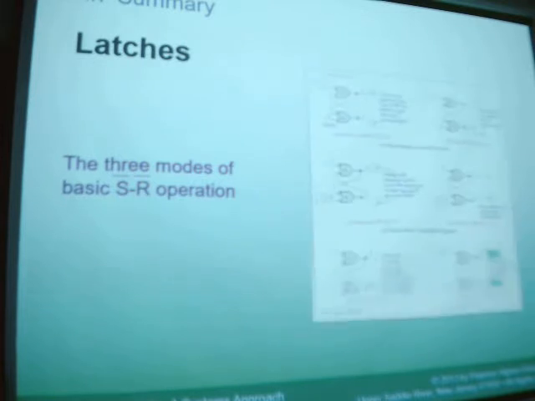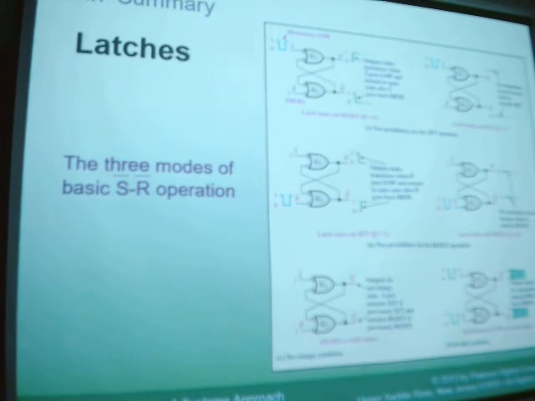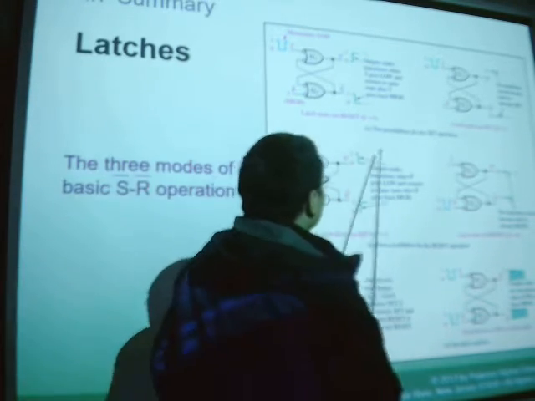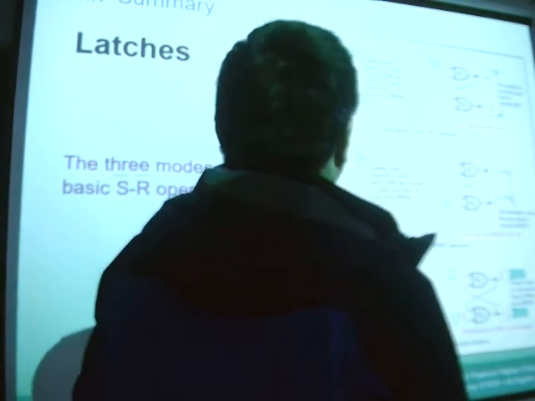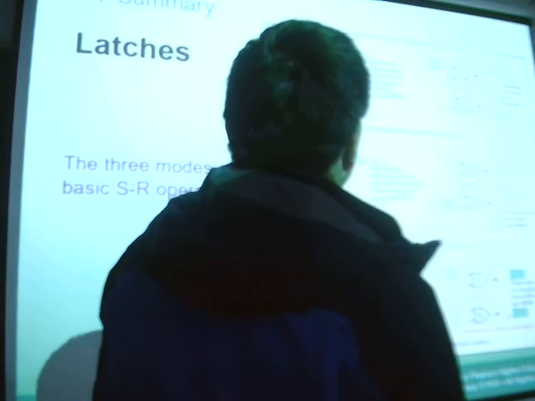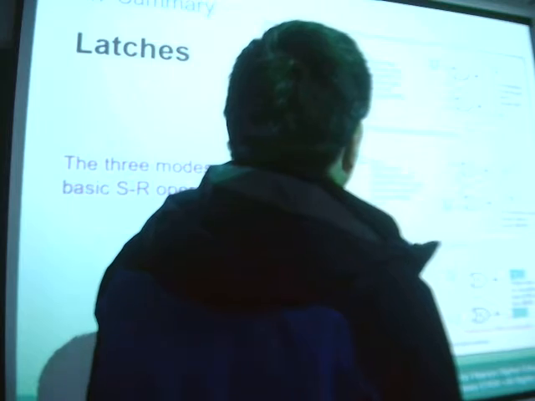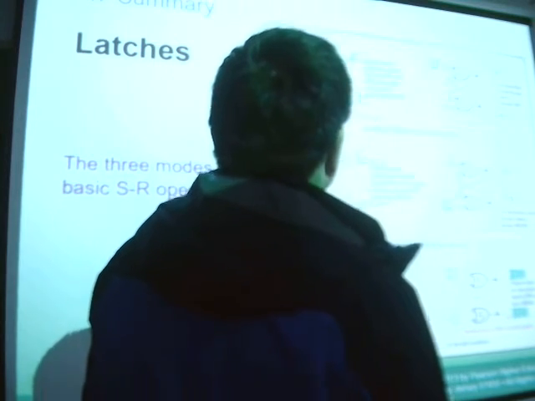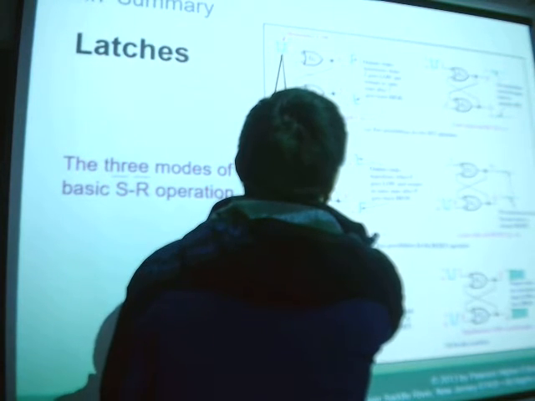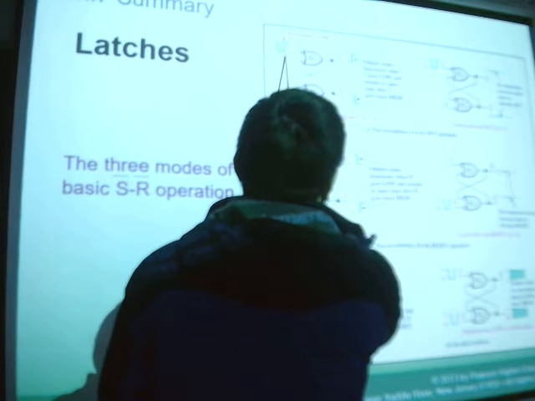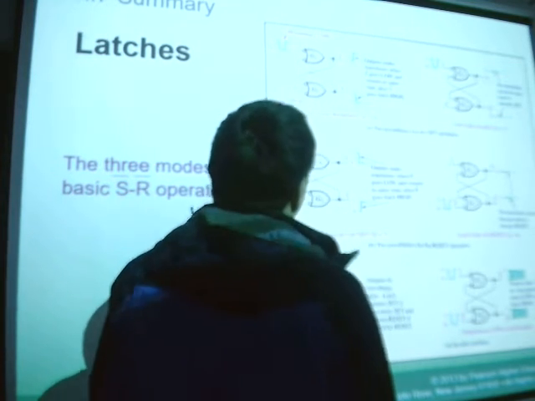The three modes of basic latch operation. The first is memory, the hold. Two possibilities for the set operation: the outputs make a transition when S bar goes low, when S bar goes from 1 to 0, and remain in the same state after S bar goes back high.